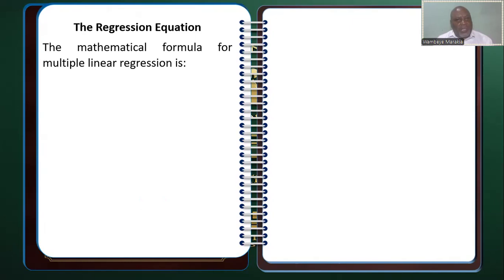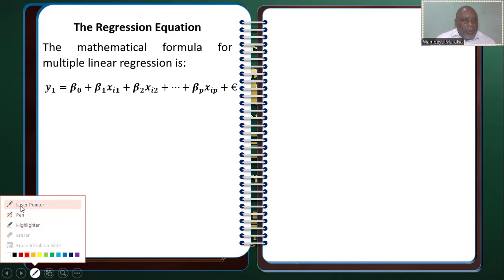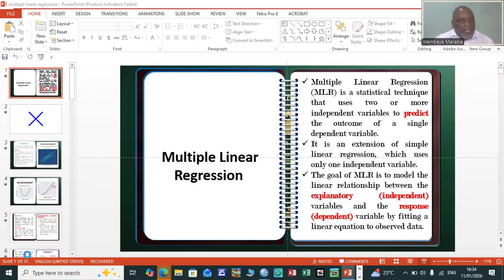Now, the regression equation is a mathematical formula which expresses the outcome variable in terms of the independent variables, and it has this format: Y equals B0 plus B1x1 plus B2x2.